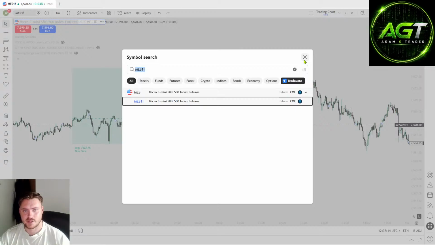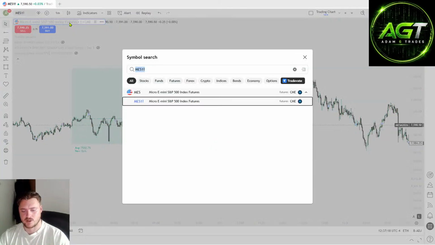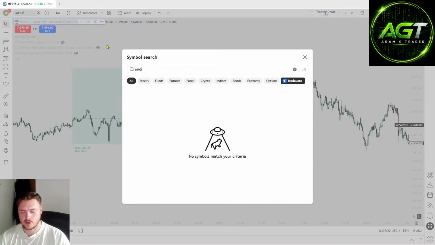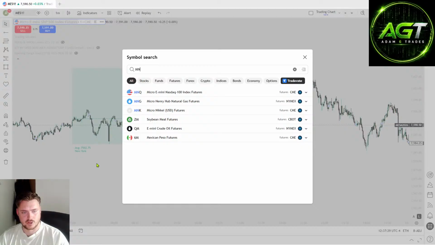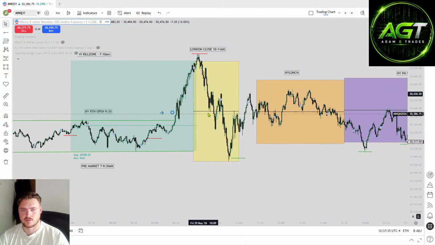The S&P moves similar to the Nasdaq, whereas the MNQ, which is the Nasdaq micro contract, moves in tandem. So if you have a look at that chart, it's pretty much the same as this chart.